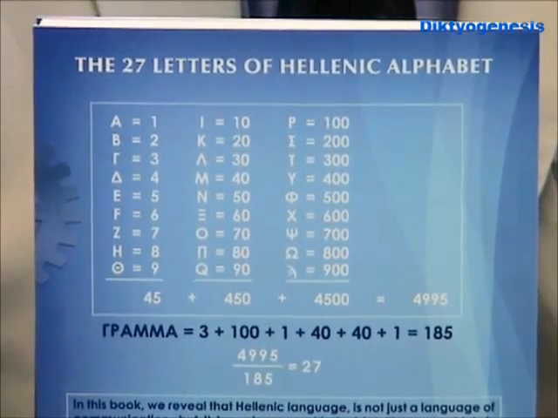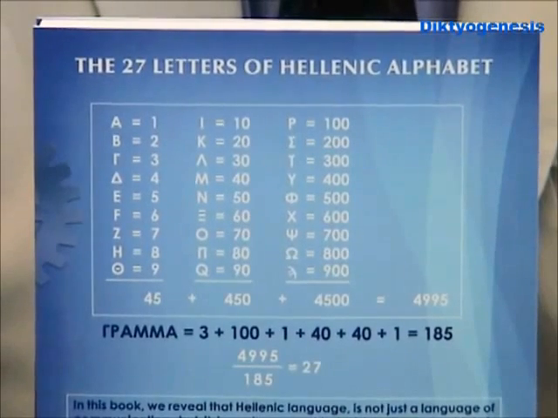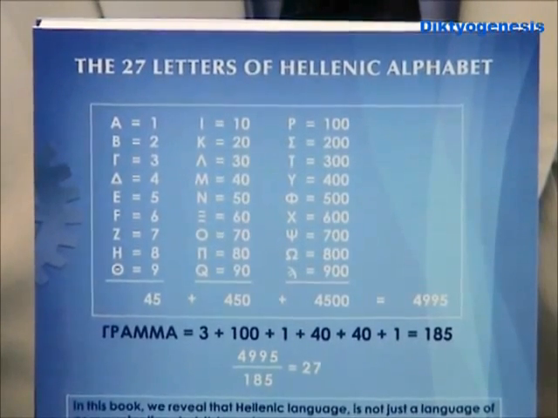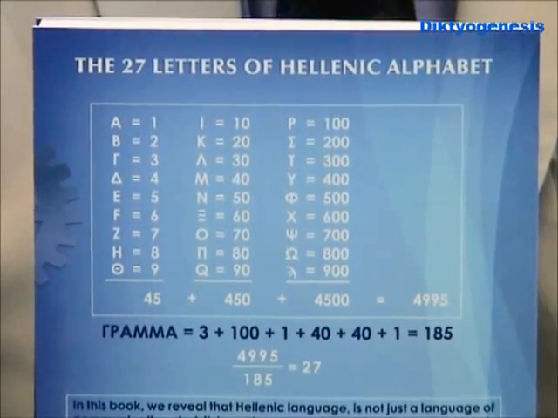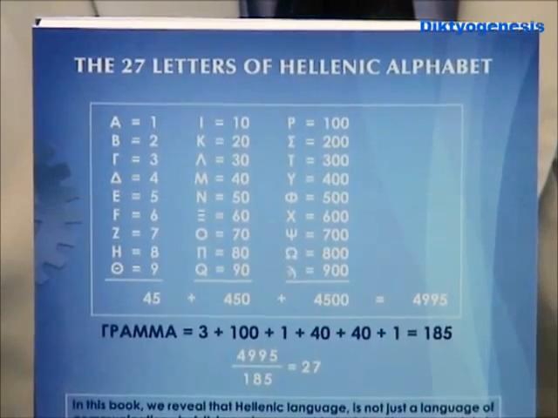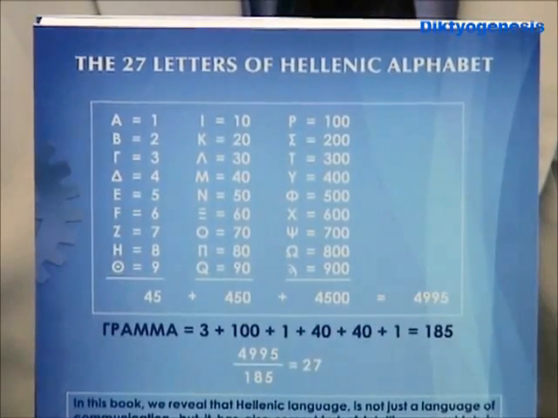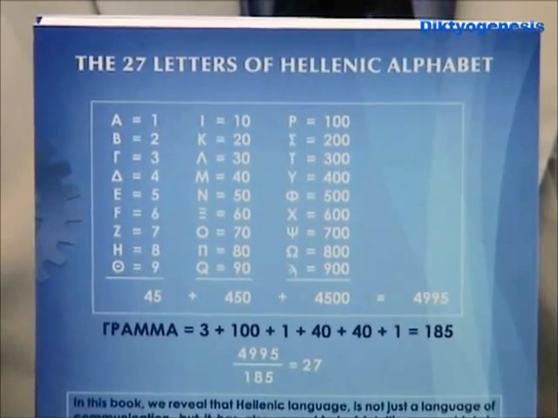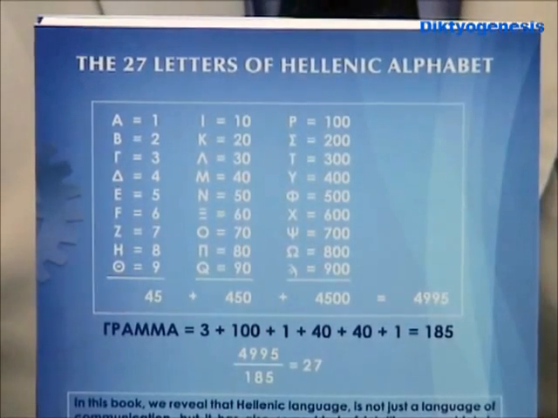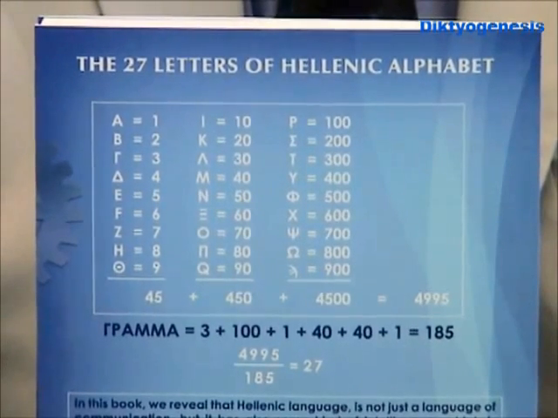This sum is the total sum of the 27 numbers corresponding to the 27 letters of the Hellenic alphabet. If we add 4 plus 9 plus 9 plus 5, which are the digits of 4,995, we will receive the number 27, but this number is the number of the letters of the Hellenic alphabet.